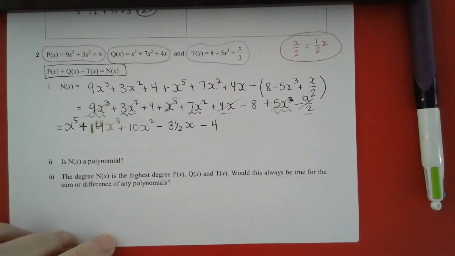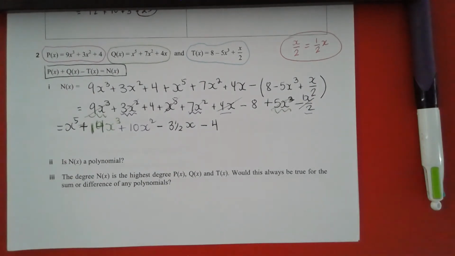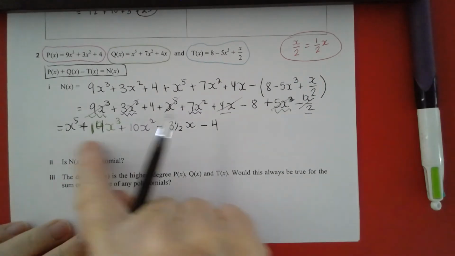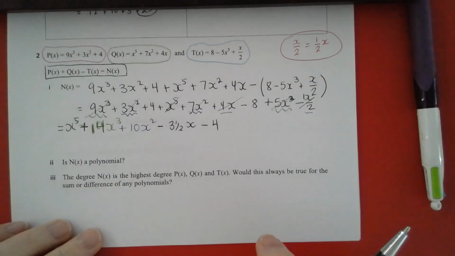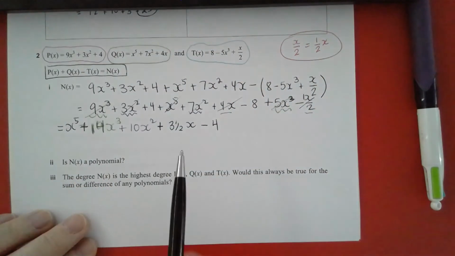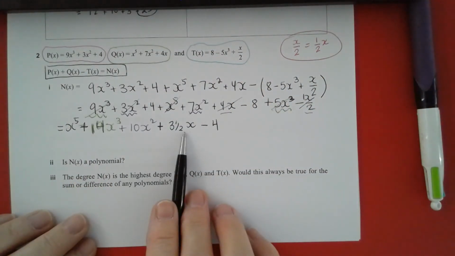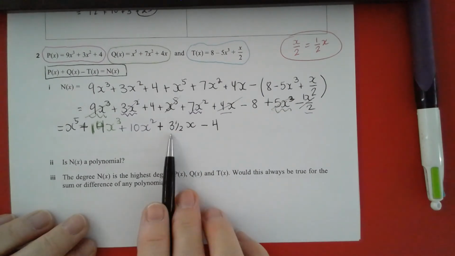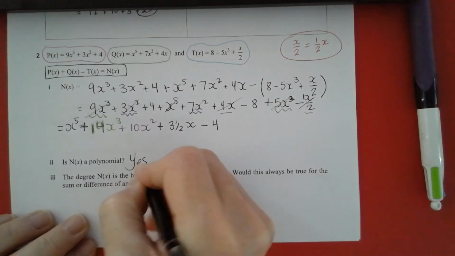Does the constant term have to be at the end? No, but in every answer you ever look at, it's going to go highest power, leading term, down, in order. It doesn't have to. Is 3.5 positive? Yeah. I was talking too much when I did that. Make that positive. Is it a polynomial? Yes, of course it is.